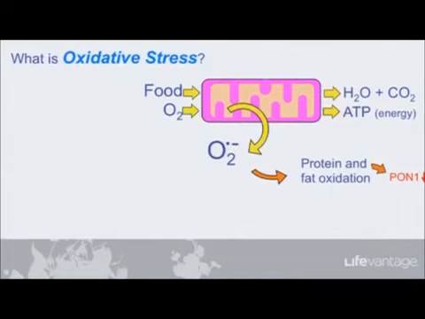They can oxidize proteins, and the example I've shown here is an antioxidant enzyme itself called PON1, which protects against atherosclerosis, a very important enzyme. It's inactivated by oxidative stress. And so if you have high levels of oxidative stress, the levels of PON1 circulating in your plasma go down.